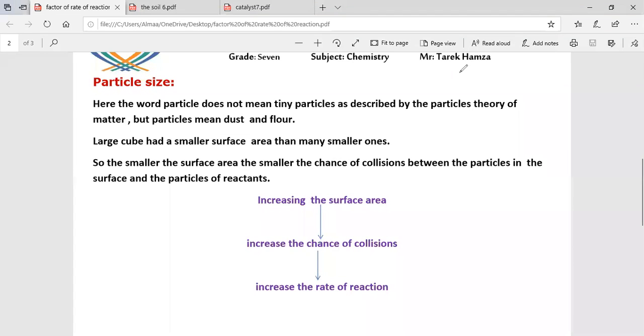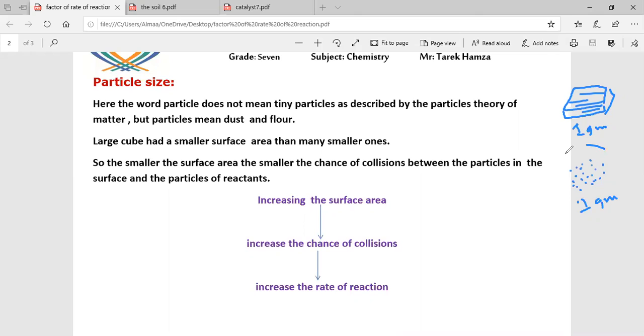A large cube has a smaller surface area than many smaller pieces do. Like this, a cube of iron. This is 1 gram of iron, and this is a powder of iron, and this is also 1 gram.